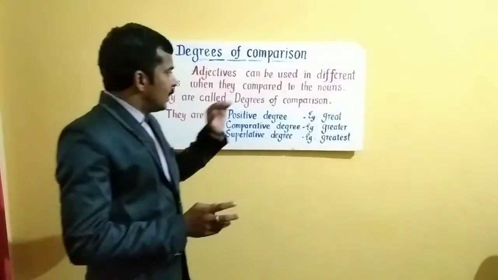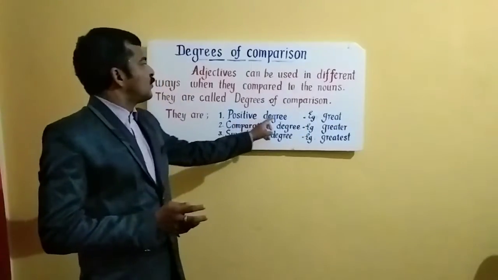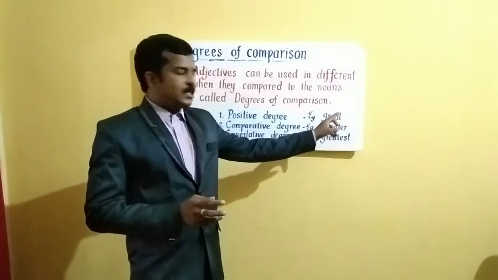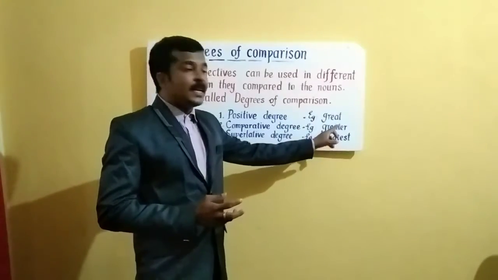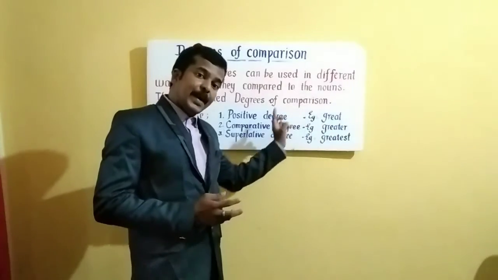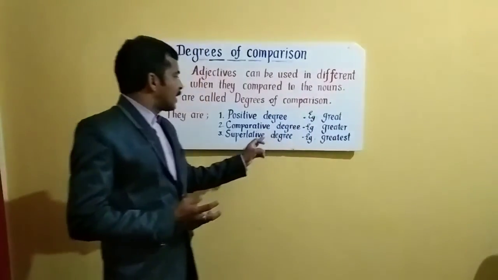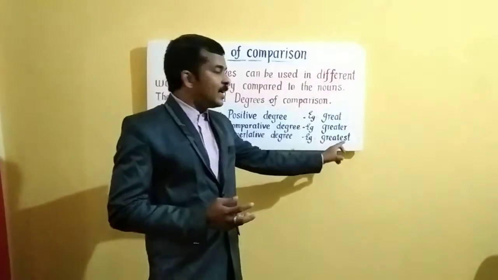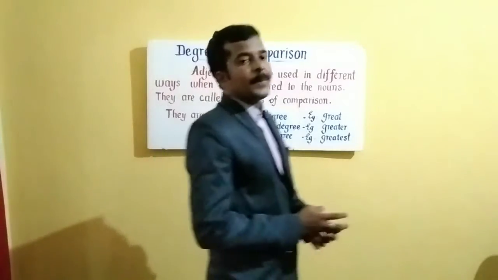For example, great is the positive form of the adjective. See how I made the comparative form? I just added er. In the comparative degree, it becomes greater. In the same manner, in the superlative degree, I added est. It becomes greatest. Listen very carefully.